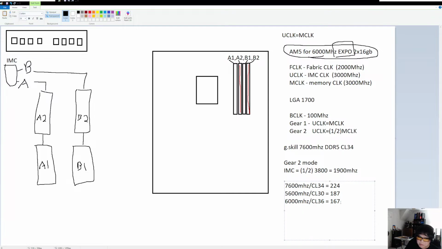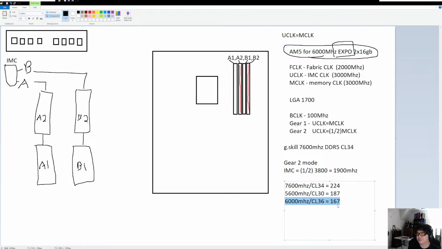My thing is, this is the sweet spot for Ryzen, where you're able to hit UCLK equals MEMCLK. FCLK is 2000, IMC clock is 3000, memory clock is also 3000, so it's 1-to-1. This would essentially be a Gear 1 scenario if we're talking about Intel.